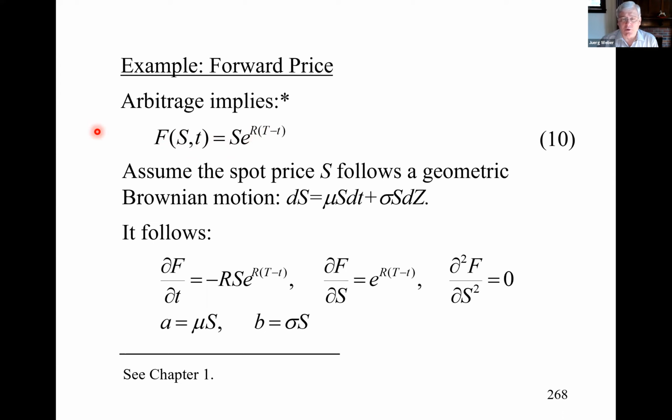Now let's assume the spot price, S, follows a geometric Brownian motion. Now I take a specific Ito process. I work here with a geometric Brownian motion, but it's an Ito process. And let's now calculate all those terms that we need in the Ito equation. So df by dt, time matters up here.